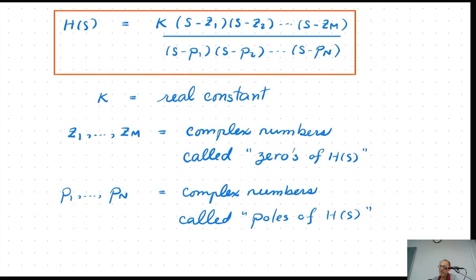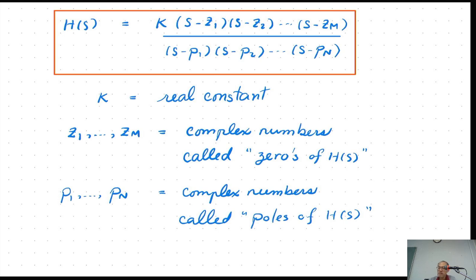The reason they're called poles is that if you plug in s equal to p1, then the whole thing becomes a singularity, it becomes infinite. If you plug in s equal to p2, it also becomes infinity. They are singularities of the function, the points where, if you plug in, H of s will be undefined.